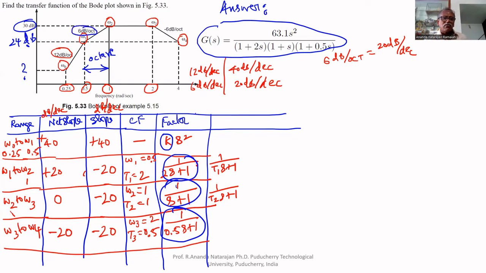Therefore, 30 minus 6 is 24 dB here. Here also 1 octave, so 2 octaves, 12 dB we have to subtract. Therefore, here it is 12 dB. So we know the values, and from that we can find K.